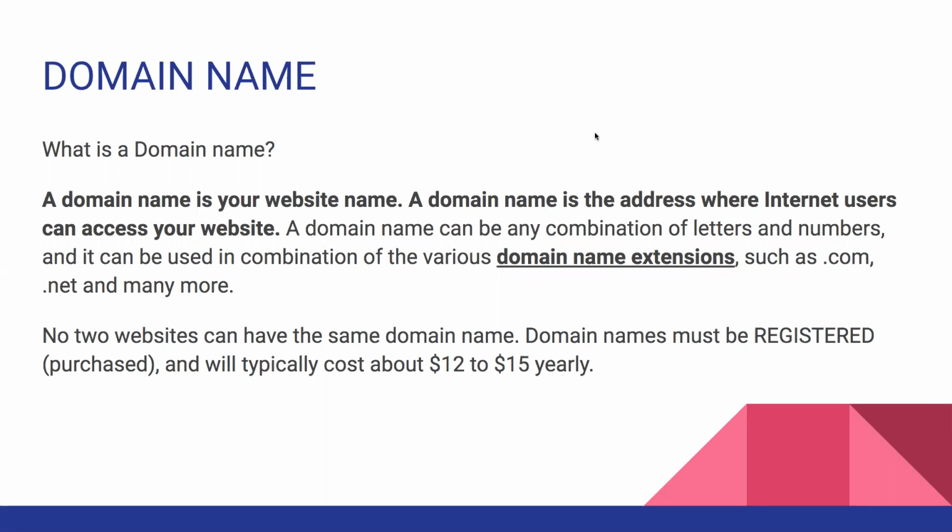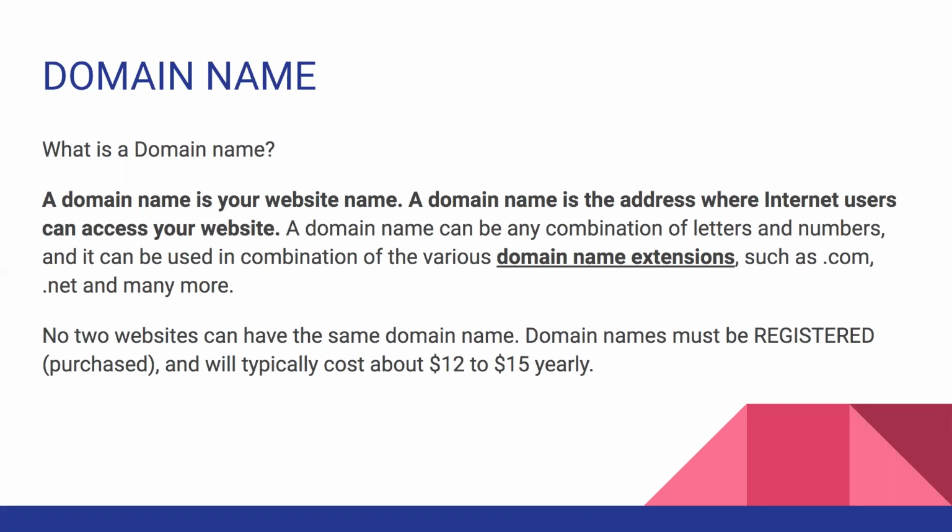A domain name can be a combination of letters and numbers, and it can be used in a combination of various domain name extensions such as .com, .net, .edu, .biz, .tv. What else? There's a lot of them. .org.